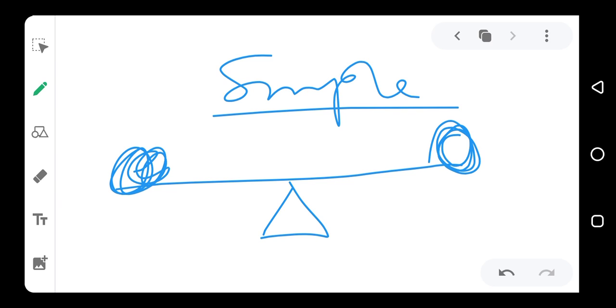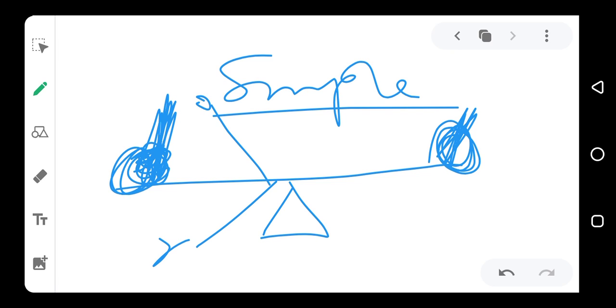So if you maybe want to lift something that is here, then somebody can sit here so that this machine can raise up. So here is a simple machine because the effort you apply here is overcoming the load that is here. Just one point. There is no other load here. It's just one point. So this is what we call a simple machine. The effort you apply goes straight to overcome just one load at just one point.